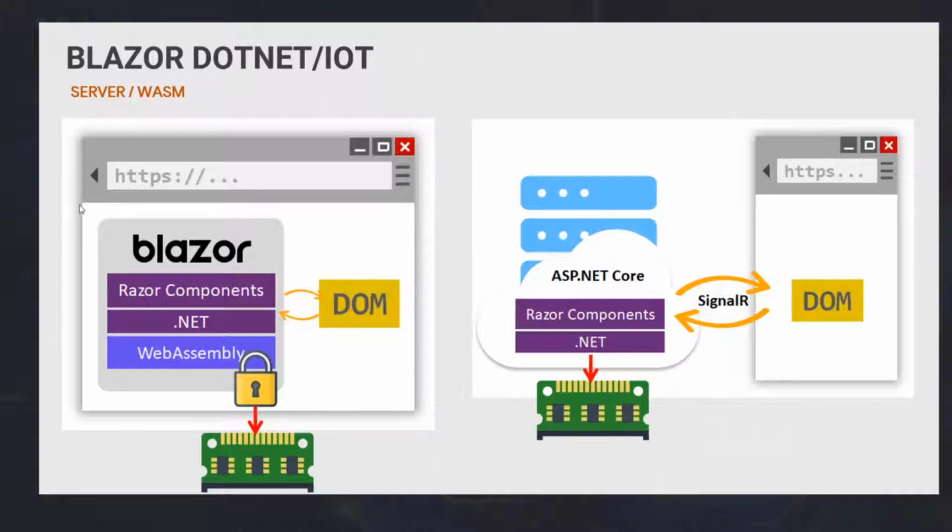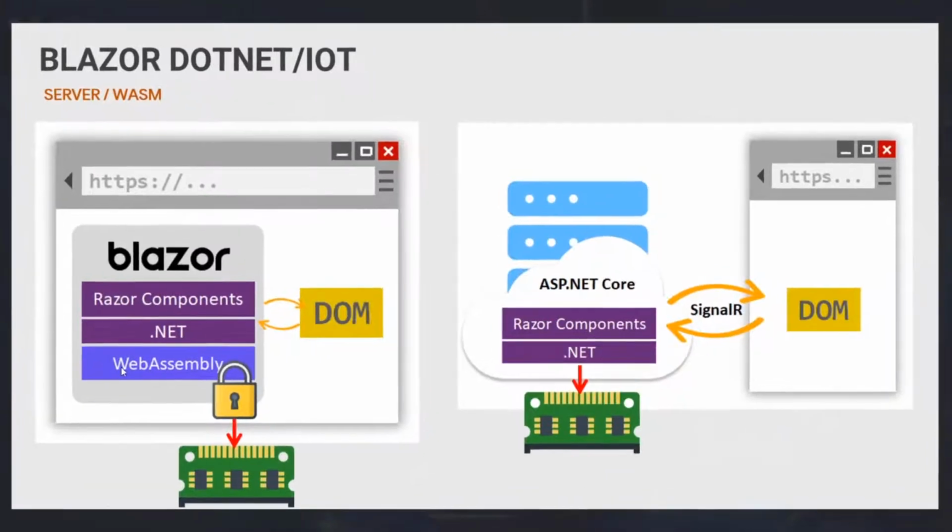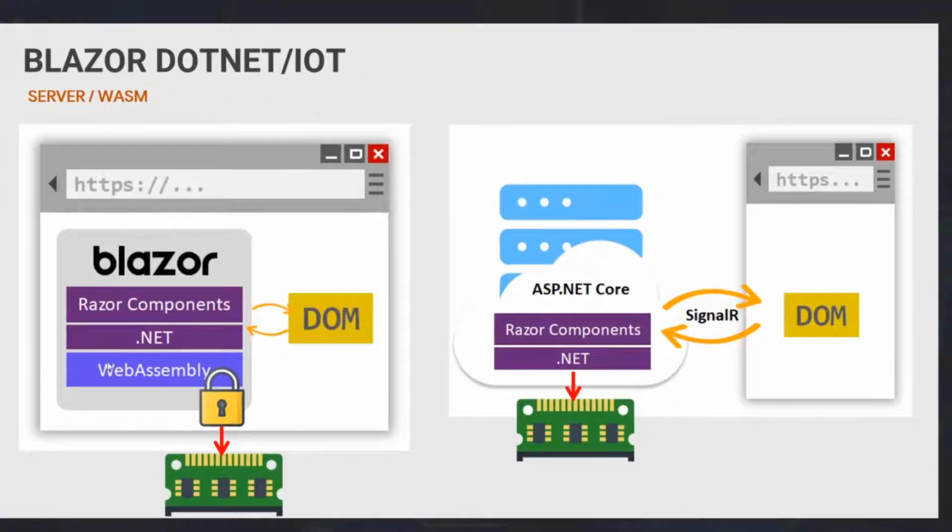The Blazor WebAssembly will compile your application, your DLLs, your binaries to run in a .NET runtime that is running in WebAssembly. And this is a sandbox inside the browser, right?